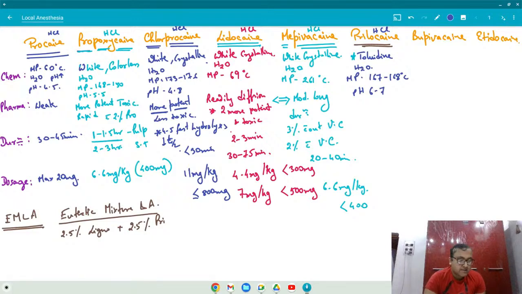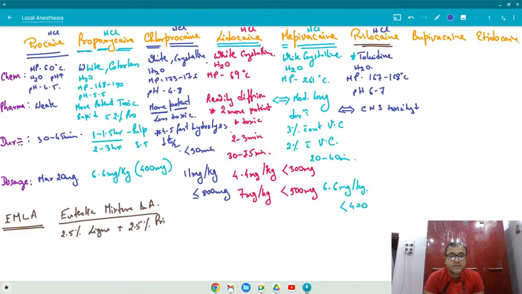As far as the pharmacology is concerned, once again, it is similar to that of lidocaine. But as far as the central nervous system is concerned, CNS toxicity is less. That's a good sign, no?